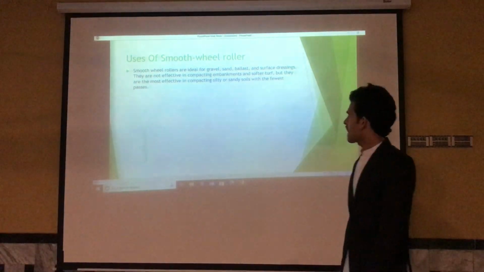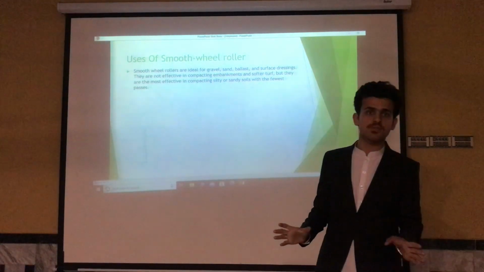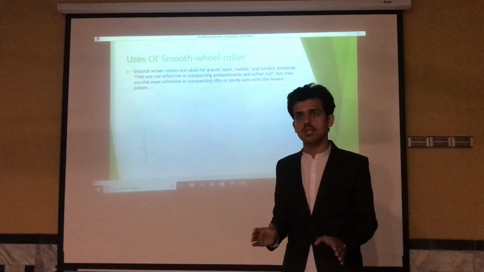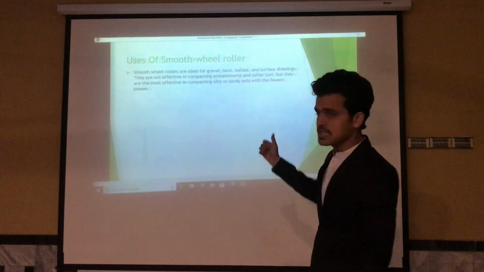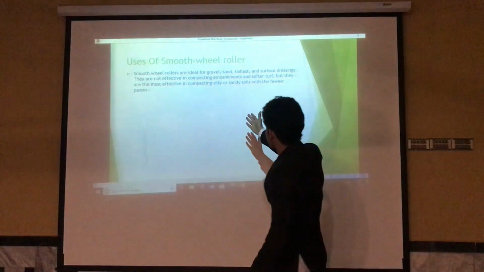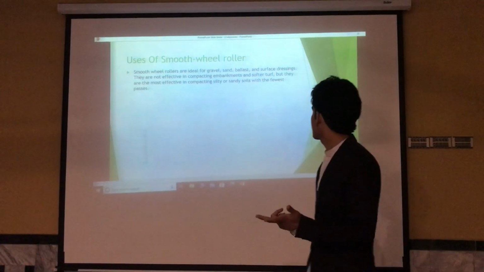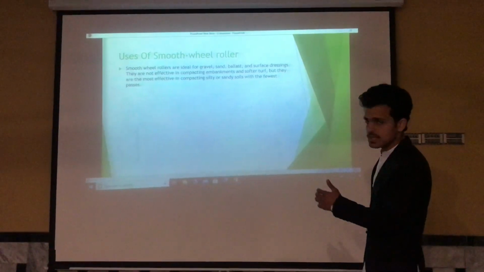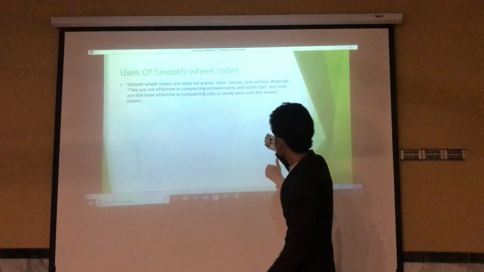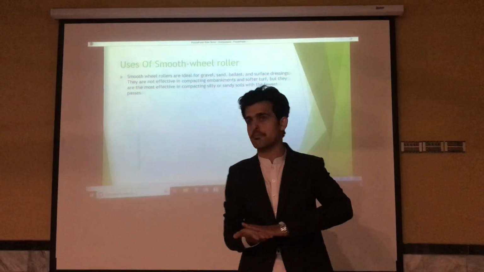Next, uses of smooth wheel rollers. Smooth wheel rollers are ideal for gravel. It's the best choice if you have this type of soil or this type of construction site, that is, you are laying gravel, sand, surface ballast and surface dressing. Surface dressing means making a surface clean and plain.